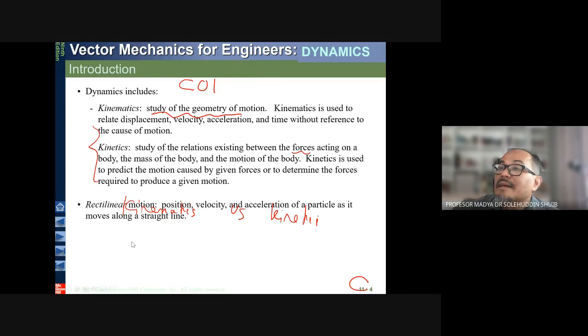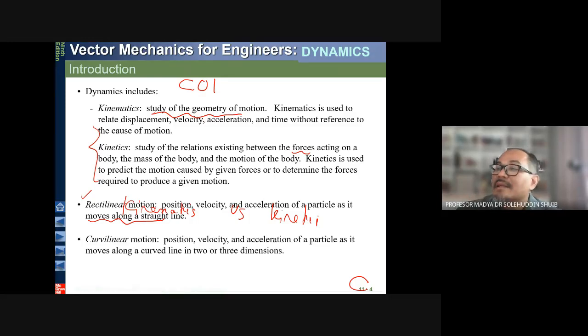And these are the different types of motion. First, as I mentioned just now, rectilinear motion, which is moving along a straight line. And then the second one is curvilinear motion, where the particle moves in a curved line, 2D or 3D.